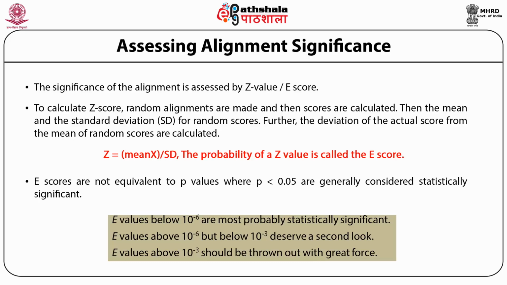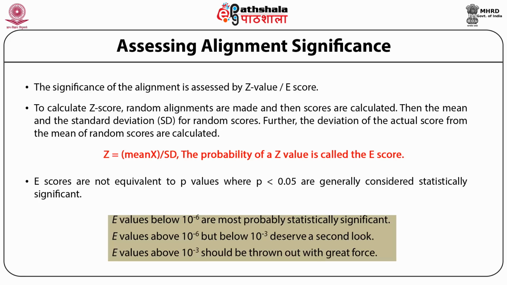Then a mean and a standard deviation for the random scores are calculated. For each alignment score, the actual deviation from the mean and standard deviation is taken into account, and based on that the Z score is calculated. The formula is what is shown here: Z equals (x minus mean) divided by the standard deviation. This gives the probability of the Z value, which is also called the E score.